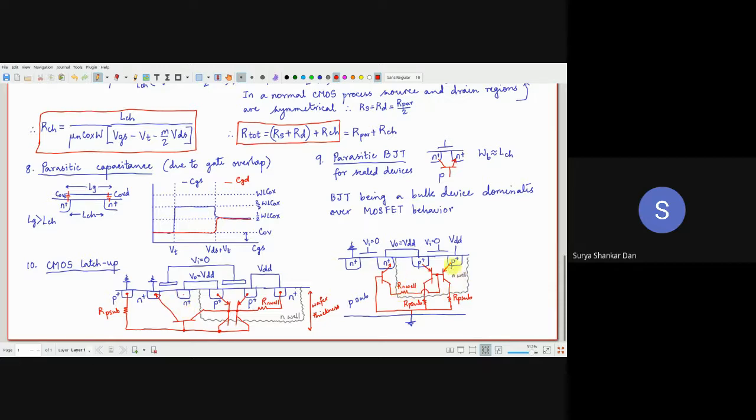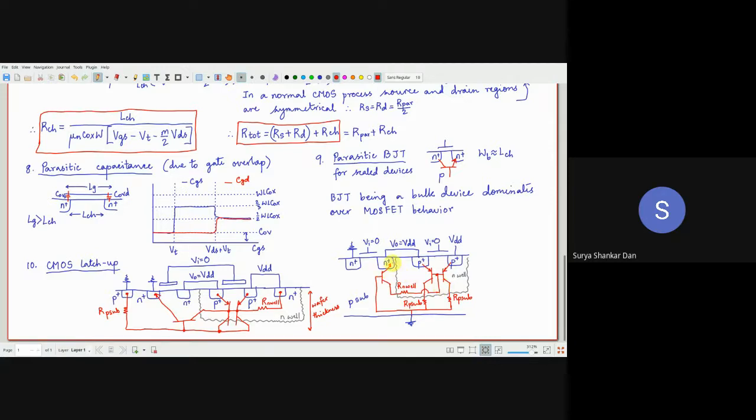Now, how to do the circuit analysis is beyond the scope of this course. We will do it in the advanced VLSI design. It should have been done in VLSI design itself, but anyway, we will do it. It's a very, very important thing. So our objective is to ensure that how to cut off this kind of a latch up circuit situation. And remember, these are all BJTs.